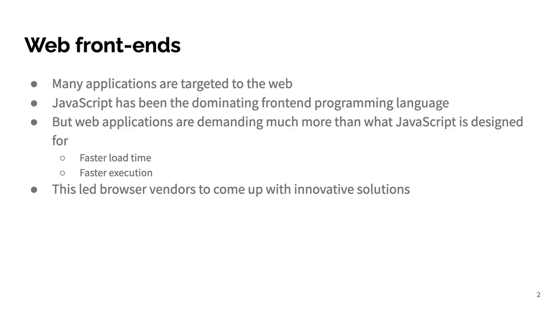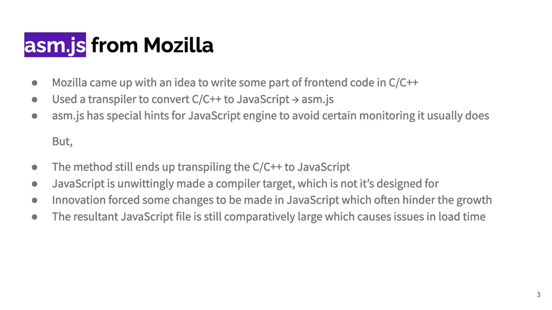These requirements led browser vendors to come up with innovative solutions. The first such solution brought to the technology landscape was asm.js from Mozilla. Mozilla came up with an idea to write some part of the front-end code in C and C++.